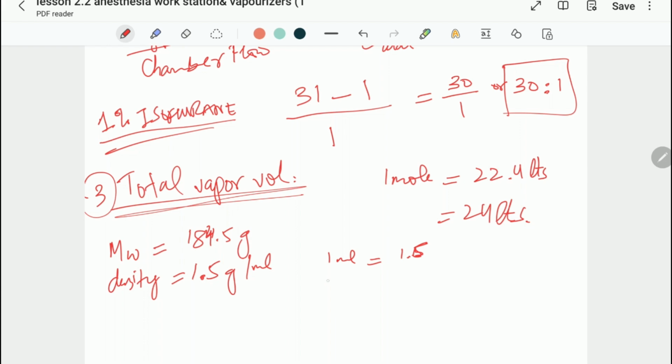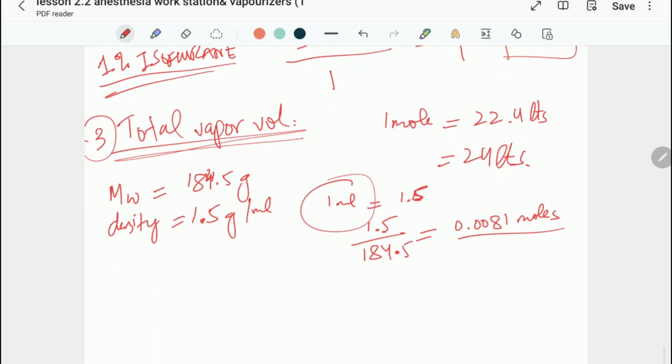So the number of moles in 1 ml of liquid would be 1.5 gram divided by 184.5, that is the molecular weight. It will come to 0.0081. These are the number of moles in 1 ml of isoflurane.